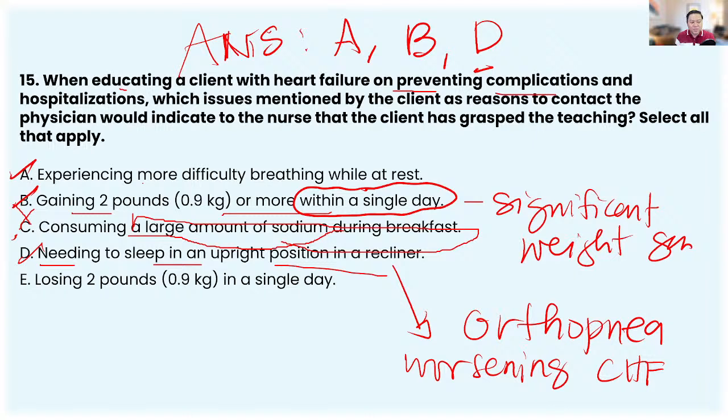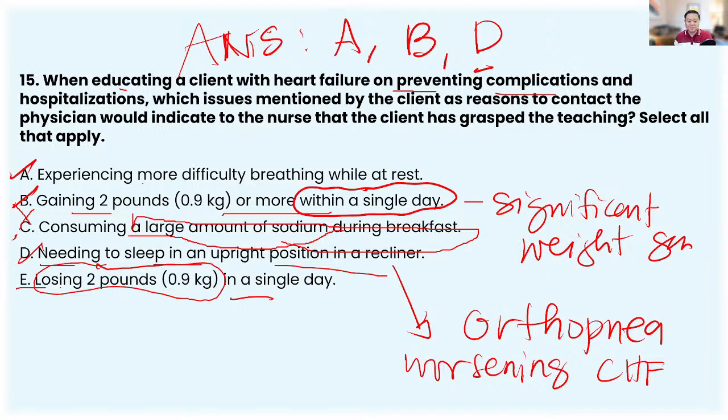Now, letter E. Why letter E is wrong? Well, it says about losing. Losing 2 pounds of weight is good. It's not a bad thing. We don't want excess. Losing 2 pounds of weight in a single day could possibly be excretion of excess fluids, right?